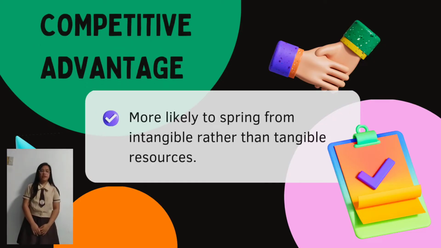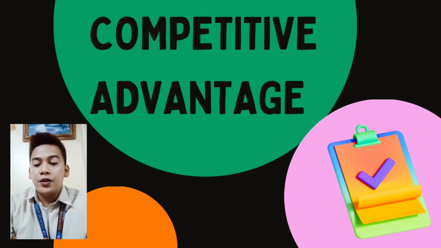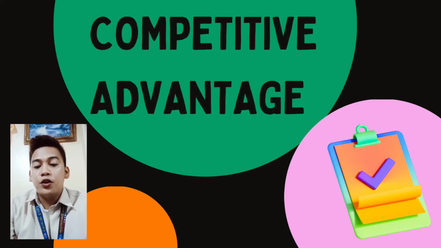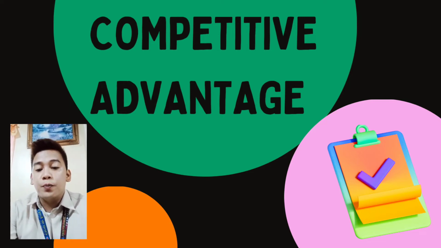Even if tangible resources exist and have value, a competitive advantage is more likely to spring from intangible resources than from tangible ones. Tangible assets like buildings and computer servers can be bought on the open market by any comers who have the necessary cash.